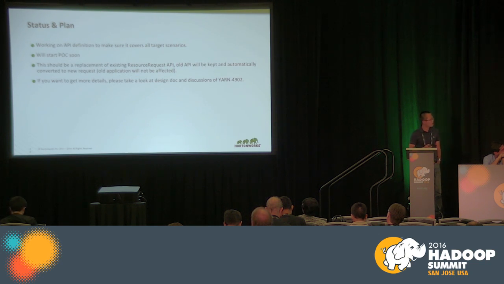Yeah, so here's currently the status and plan of this proposal. We are still working on the API definition to make sure first that it covers all the target scenarios, and we are trying to reach consensus on this API definition. And we will start the POC soon. This will be a replacement of the existing resource request API, but the old API will be kept.